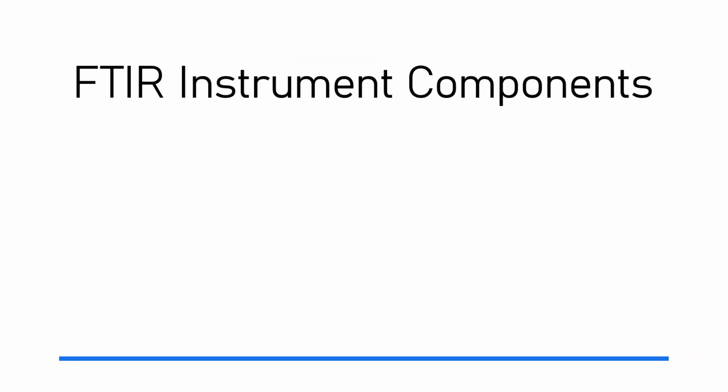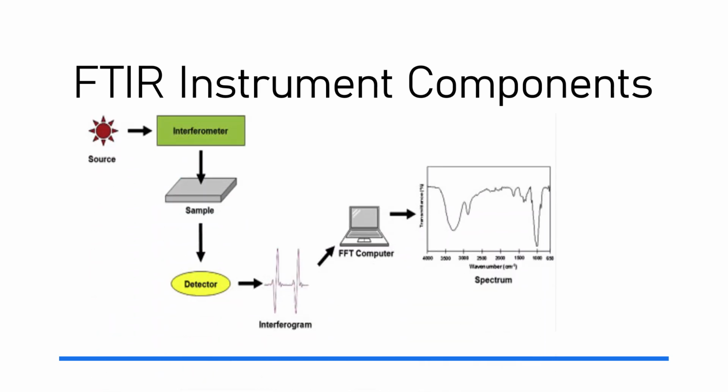So now here we will discuss the FTIR instrument components. In the previous slide we have already discussed how the FTIR instrument works. So here we will discuss through this diagram, right? First of all the source of light: the IR radiation from the source enters the interferometer where it is modulated.